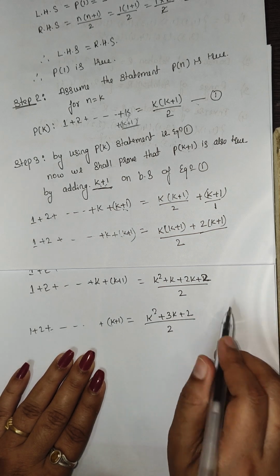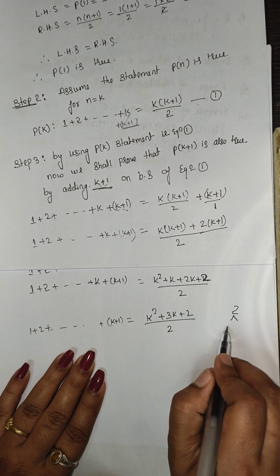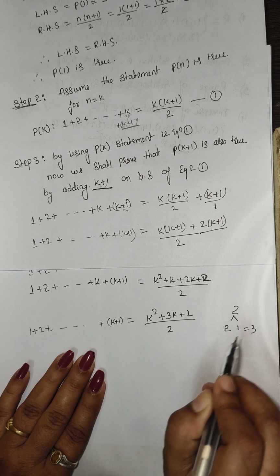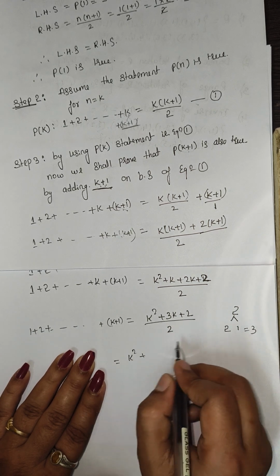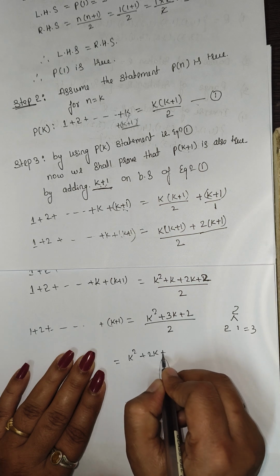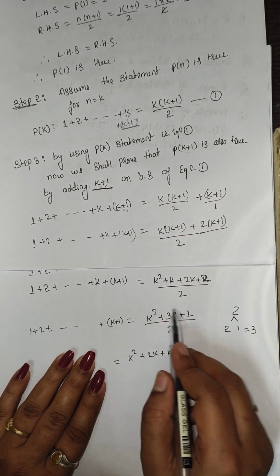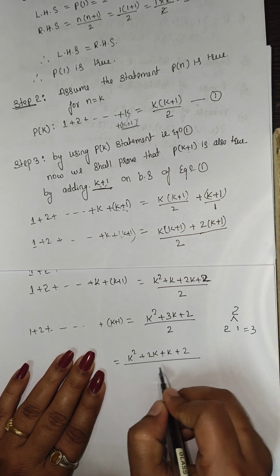Now we have to split this. How to split? After multiplication it should give 2, 2 into 1 is 2, and after adding it should give 3. So k square plus 3k we need to split as 2k plus k. The numerator is in the form of a quadratic equation, and you have to solve this.